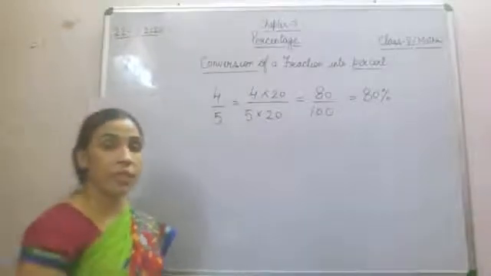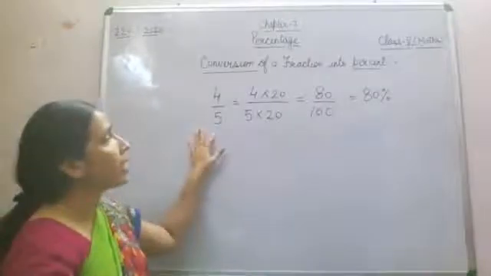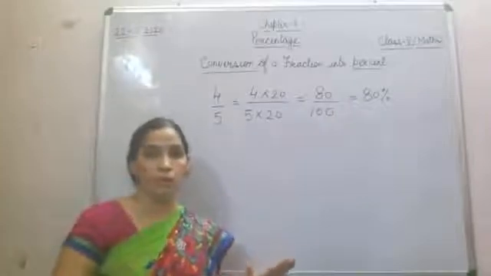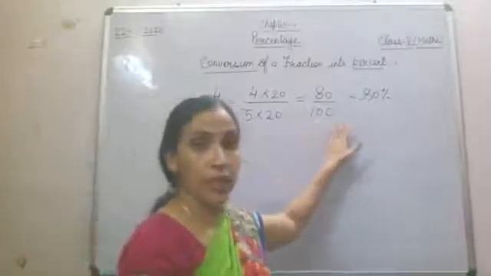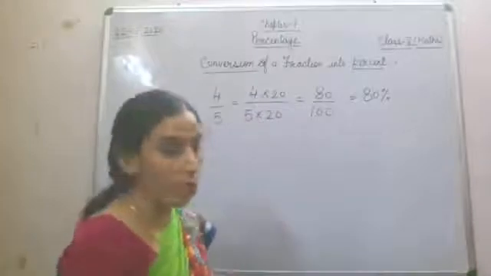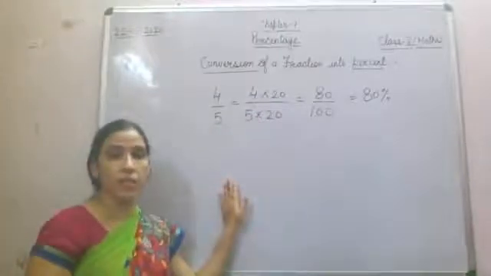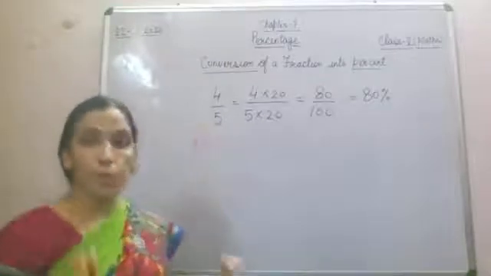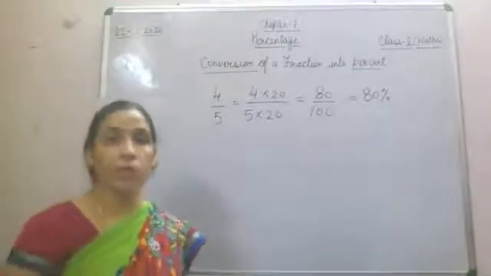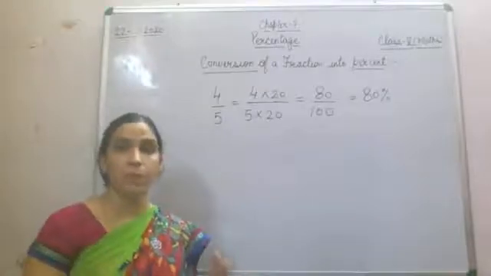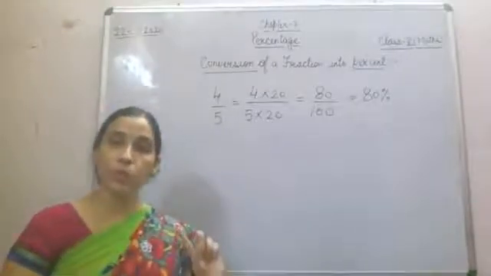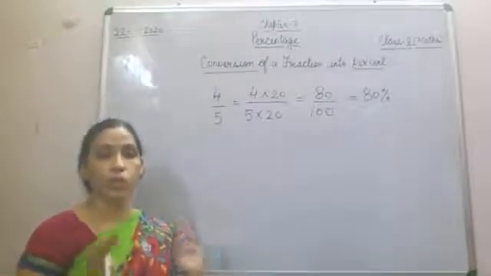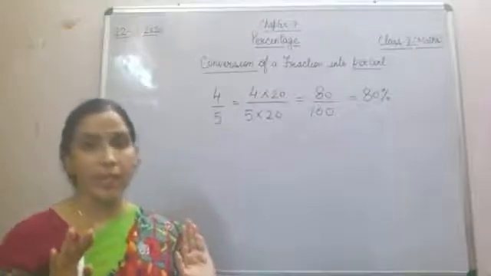Only remember these two steps, because this much conversion we have done in decimals also, and after this step we were converting it into 0.80. But what is different here? What is the difference in percentage? You are supposed to change every denominator into 100 only, but in decimals we were changing into 10, 100 and 1000 also. But here you are supposed to change it into, yes, 100 only.